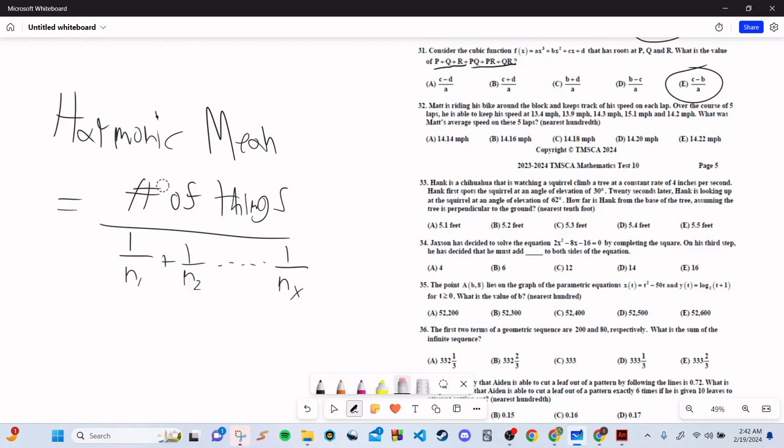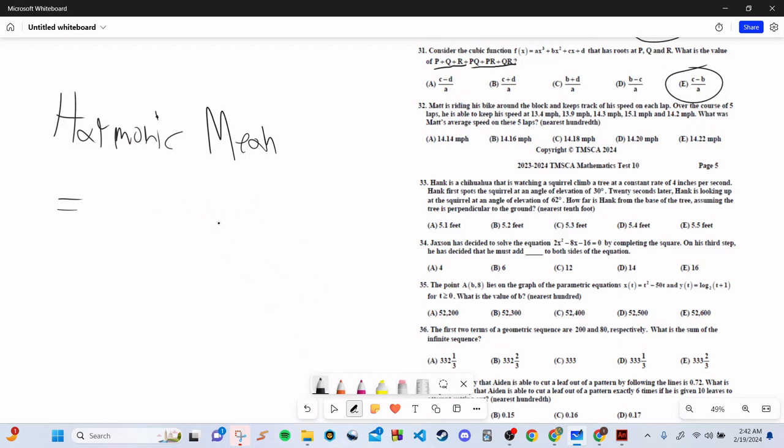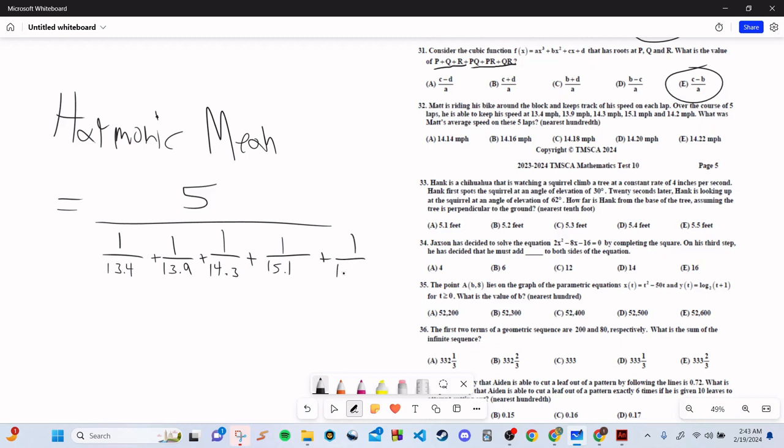So it's just the number of things over the sum of the reciprocals of your things. So we have 5 speeds. Then we add 1 over the first speed plus 1 over the second speed plus 1 over the third speed, and so on till we add our last speed.